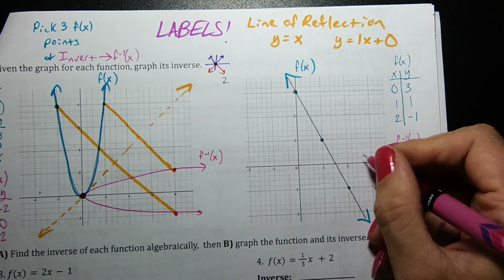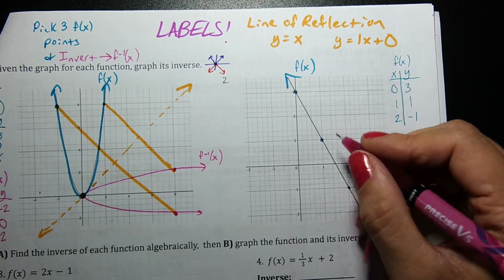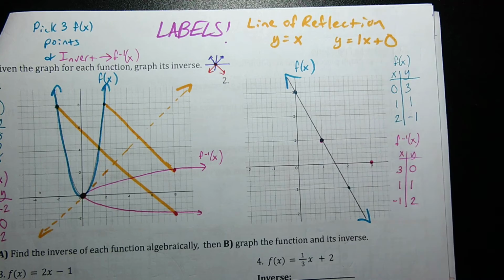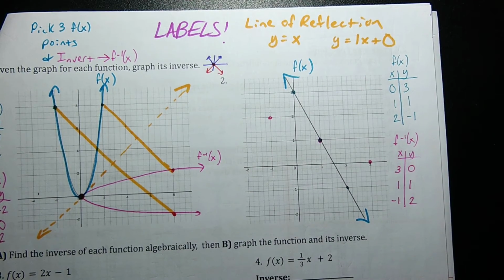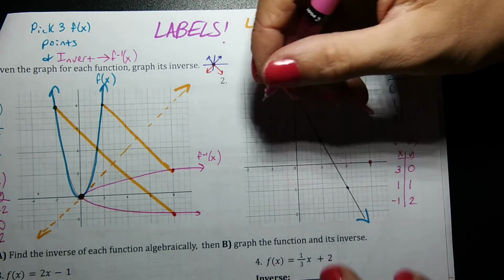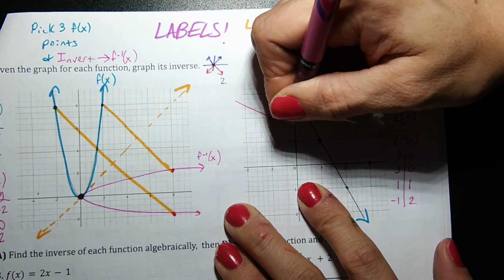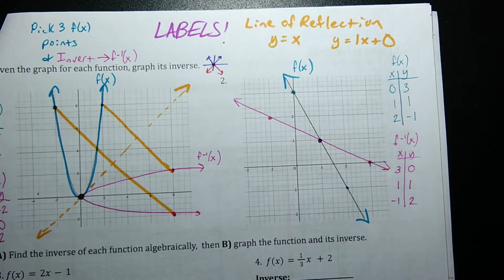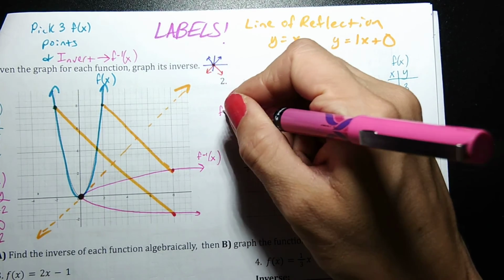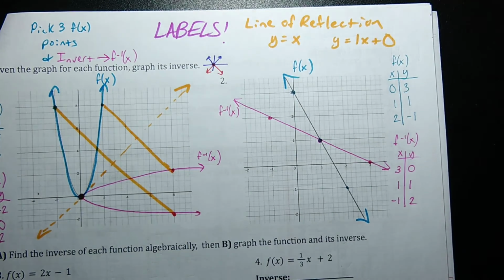Plot those points. 3, 0. 1, 1, same point. And then negative 1, 2. And we know how to draw lines. It's just going to be another straight line, and make sure you label that the inverse of f of x.